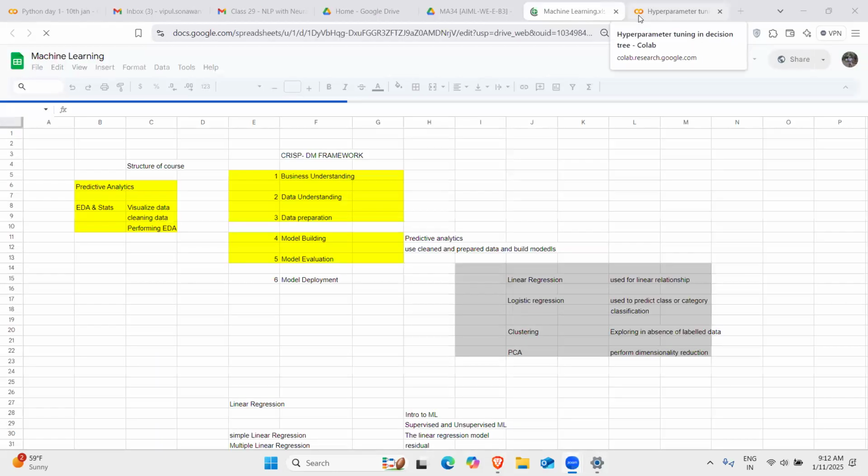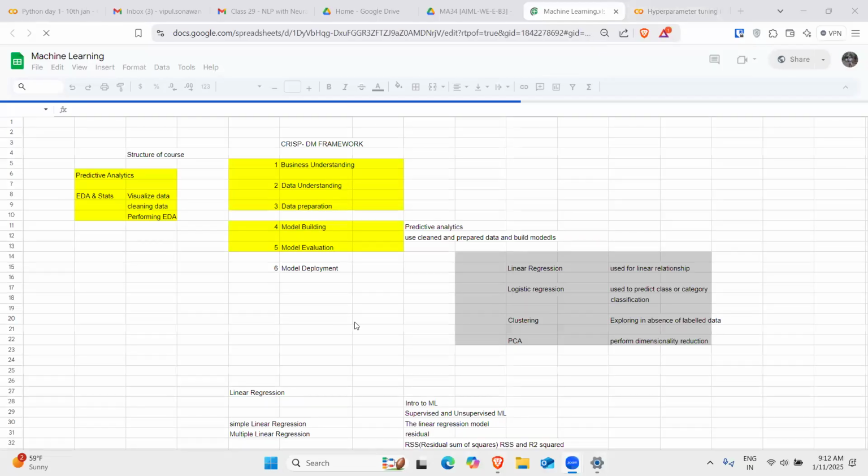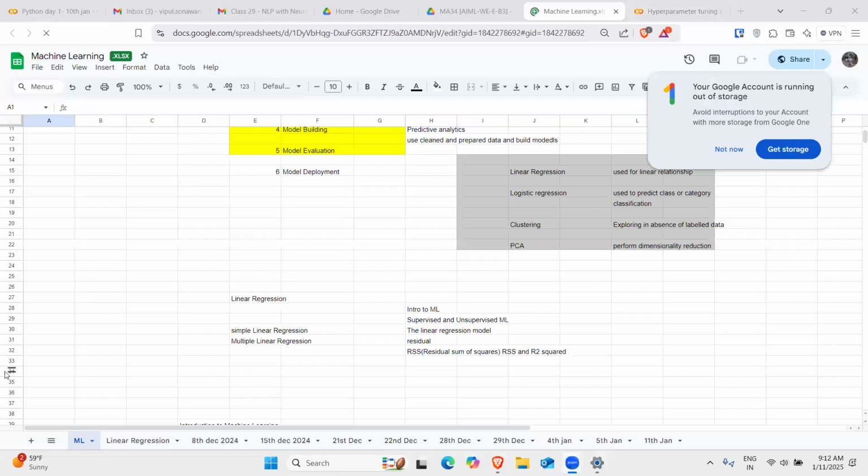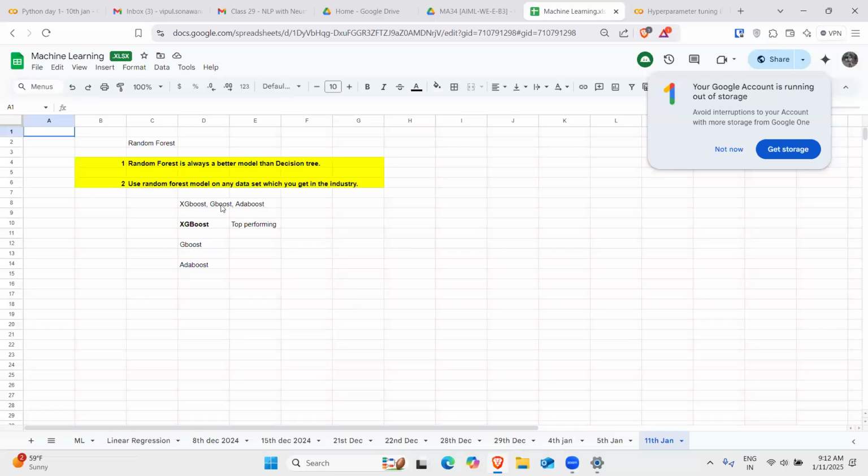We also have discussed this. All right. So in this session, we are going to discuss random forest, another machine learning model.